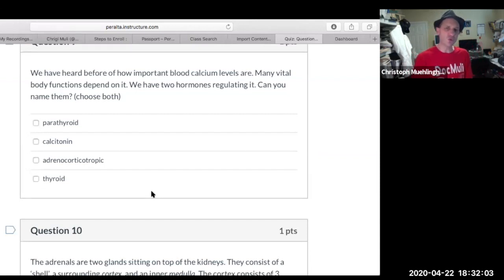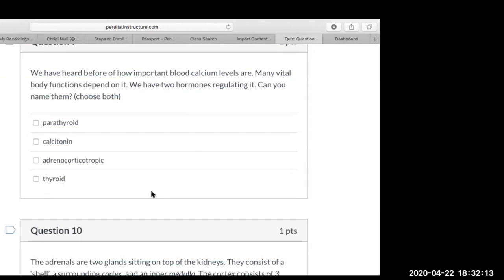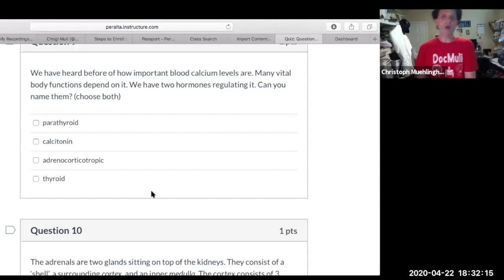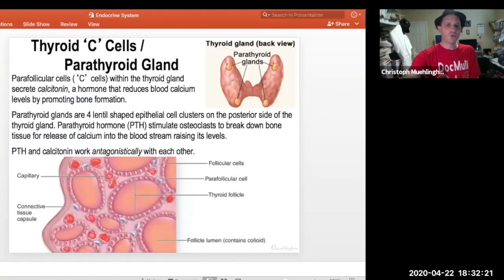Can you name the 2 of them? Anybody? Hyperthyroid and calcitonin. Uh-oh. What? Parathyroid and calcitonin. Yep. There they are. So, blood calcium.